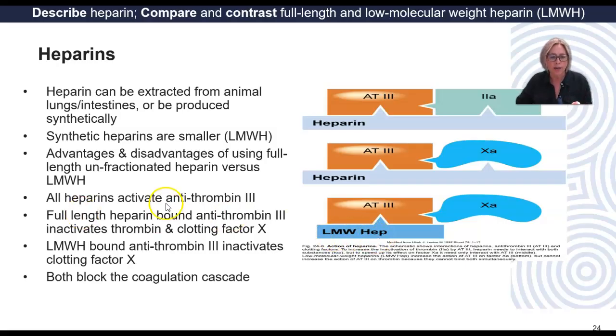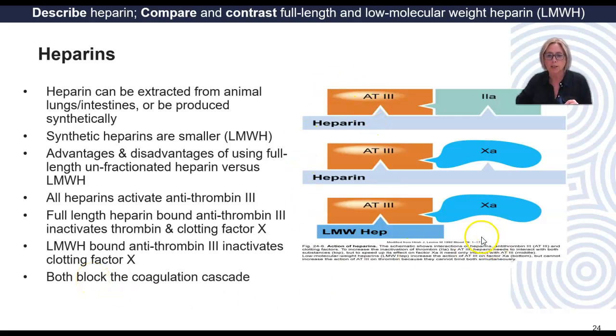However, all heparins activate antithrombin 3. The full-length heparin-bound antithrombin 3 inactivates thrombin and clotting factor X. Thrombin there is 2A. And the low molecular weight heparin-bound antithrombin 3 inactivates clotting factor 10. But both will block the clotting cascade.